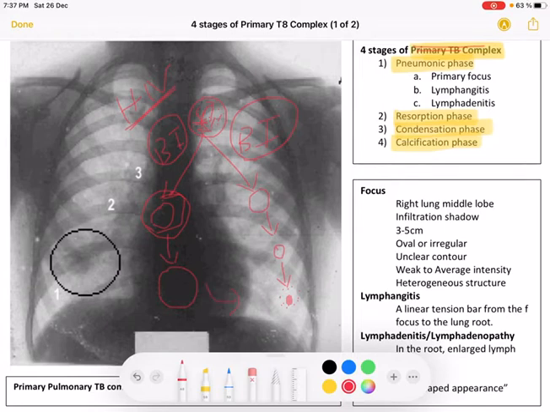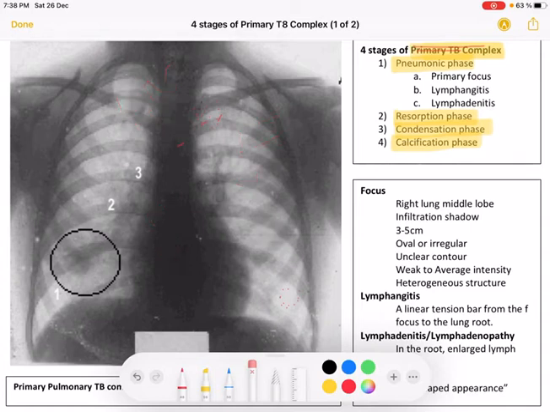Then there is a dissemination of the TB bacteria. So we will discuss this clinical scenario, not this one. Let's go through what changes we can see when the body immunity is able to fight against the primary TB complex.